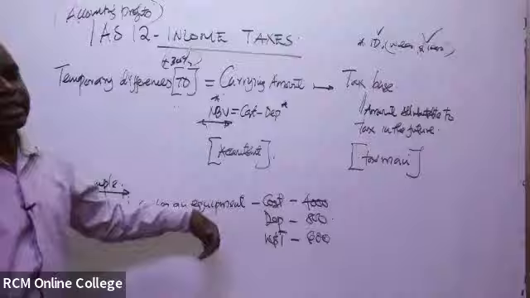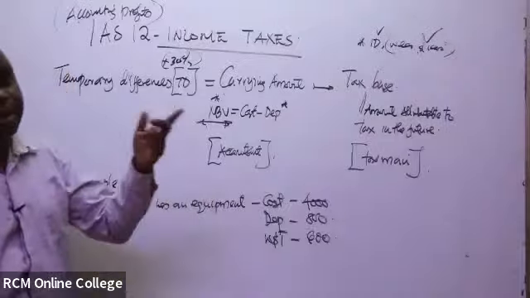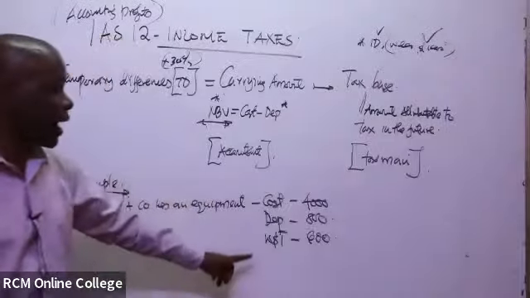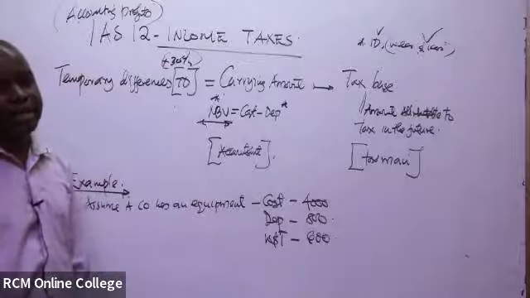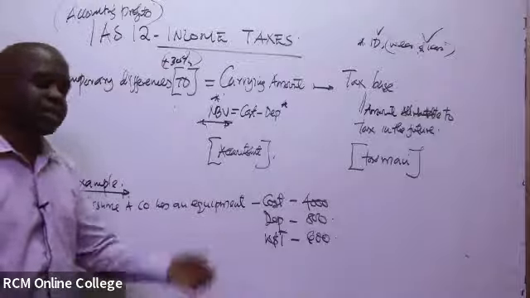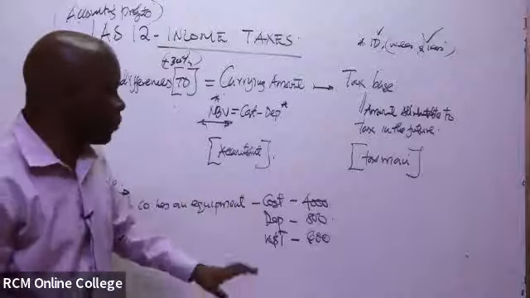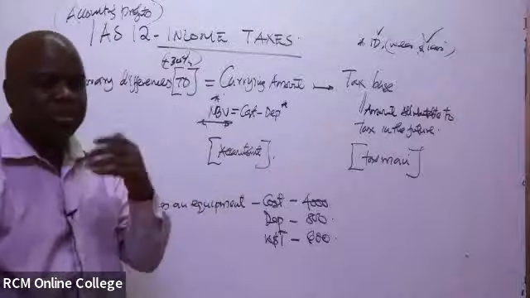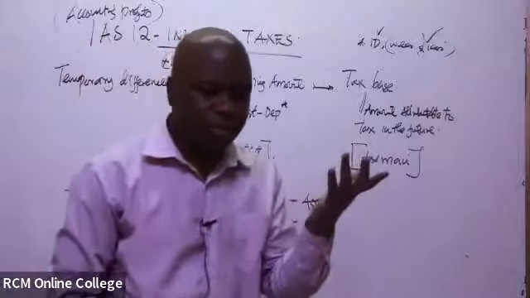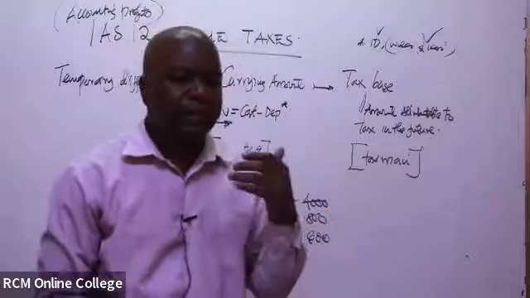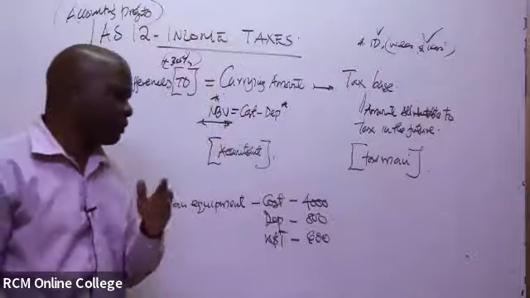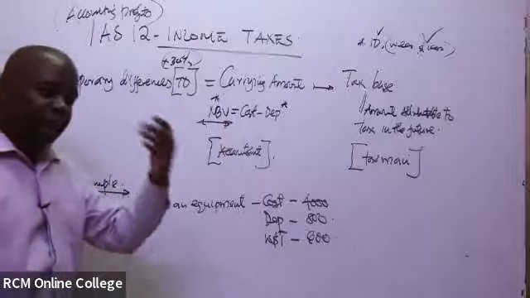Because for the taxman, the language he understands is only wear and tear. In tax, you'll be told there are rates, depending upon where the equipment falls. So is it 37.5%, then 30%, then I think 25, then I think 12.5, something like that. So that is the language the taxman understands.